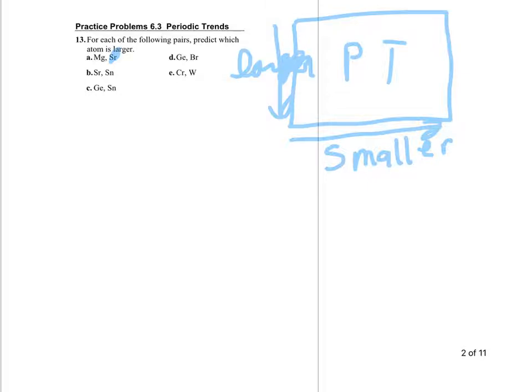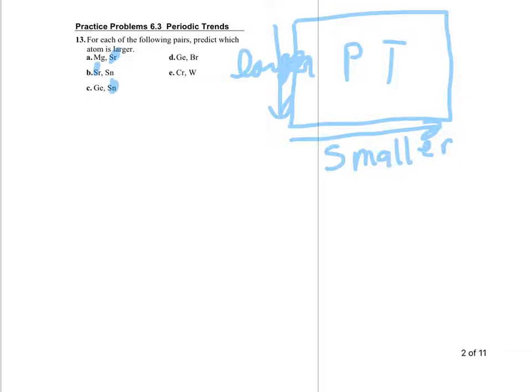Tin, Sn, is farther to the right, meaning tin is smaller, strontium is bigger. Okay, we got Ge and Sn, germanium and tin. Germanium and tin are both in the same group, group number 14. Tin is down lower, so tin is larger.